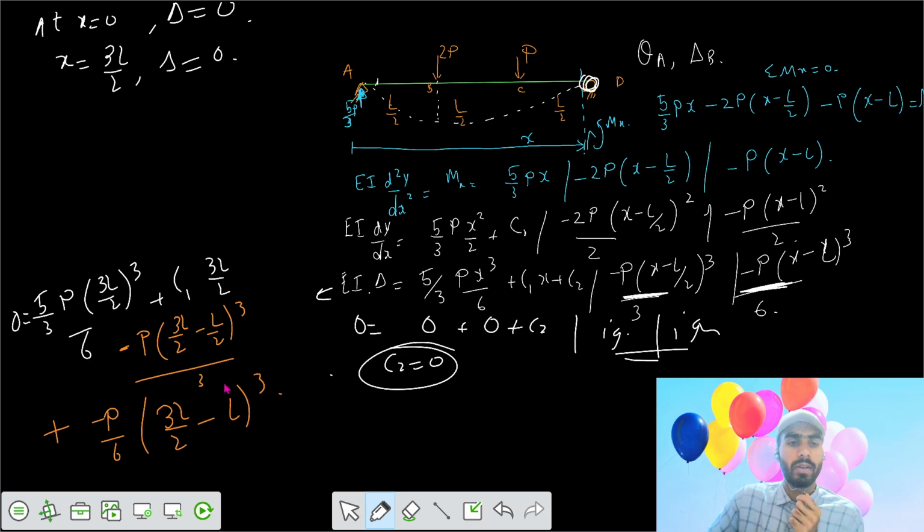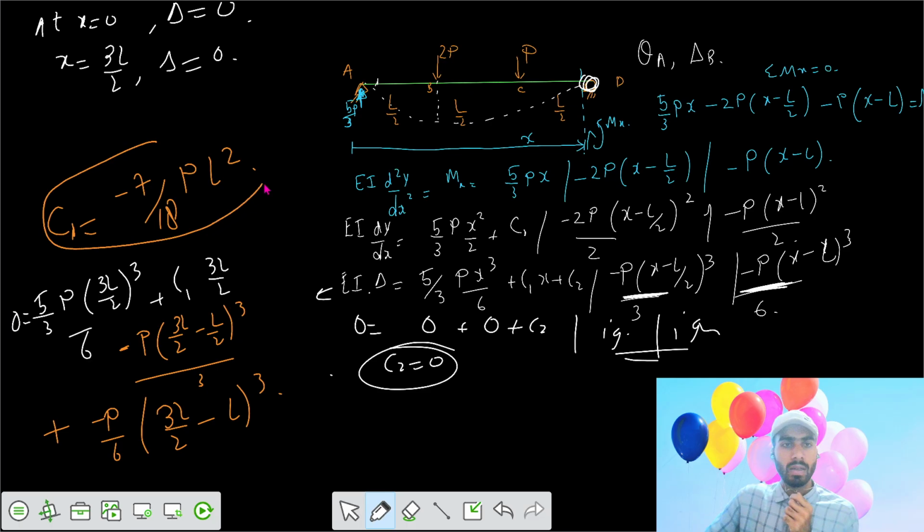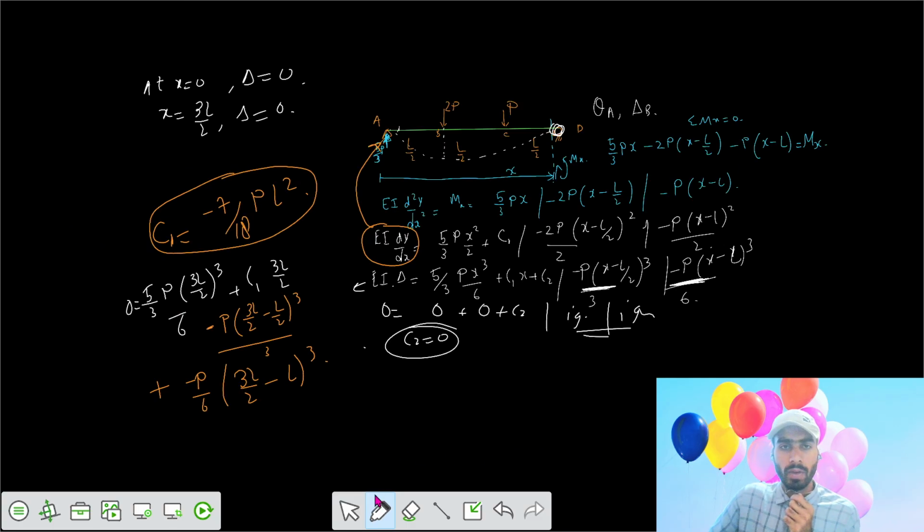After calculating the values, the C1 value comes out to be equal to minus 7 by 18 PL square. Once you have the value of C1, you have to calculate the value of theta at A, so at x equals to 0. At x equals to 0, you have theta A EI in this equation.